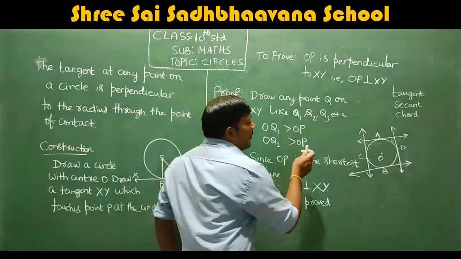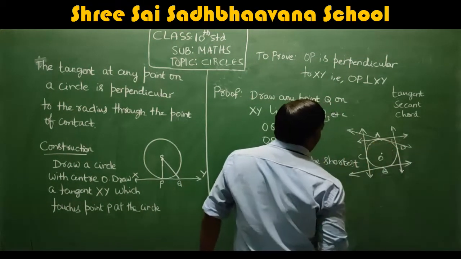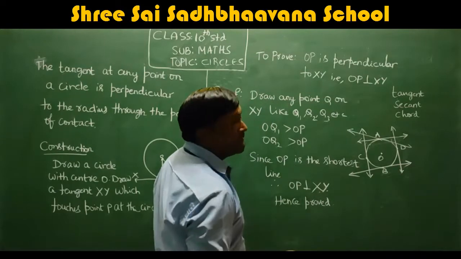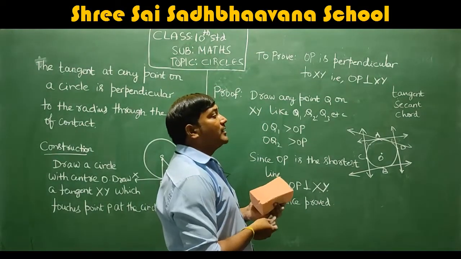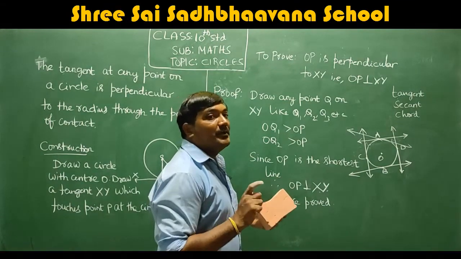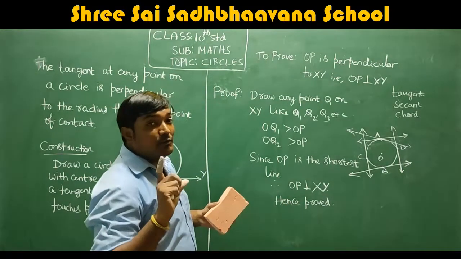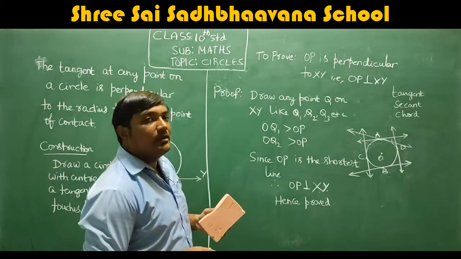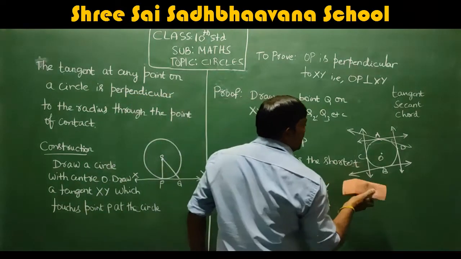It means at the point A, you cannot draw one more tangent. It is not possible. If you draw, it will become a secant or some other thing. So at one particular point on a circle, one and only one tangent is possible. You cannot draw more than one tangent. Okay? I hope you understood.